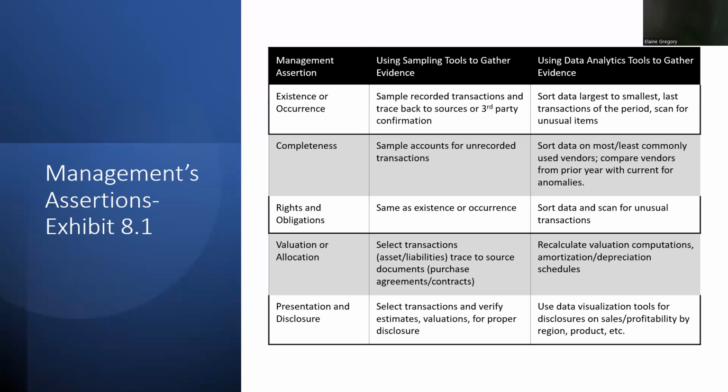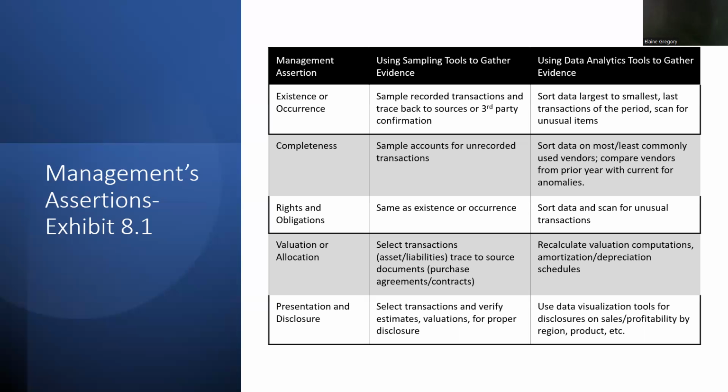Management is going to assert the valuation and or allocation of that asset or obligation, such as the value of inventory, the allocation of depreciation, the allocation of a long-term note payable. And management's going to assert that they have faithfully presented and disclosed the financial results of their organization.